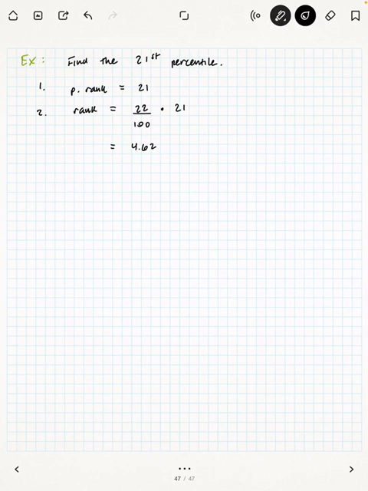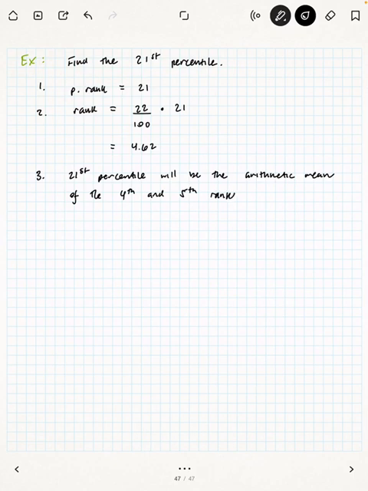The 4.62 lies between 4 and 5, which means our percentile, the 21st percentile, will be the arithmetic mean of the 4th and 5th ranked data values. Only when we have a non-integer rank do we have to do this.